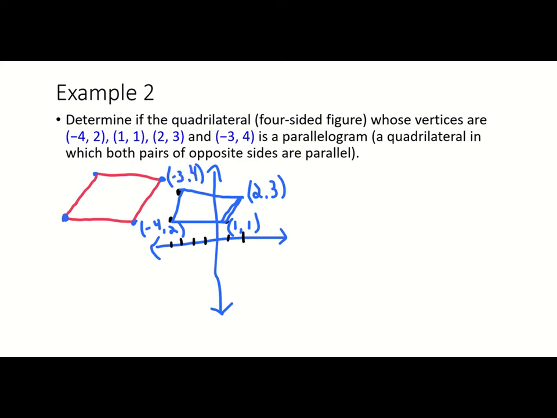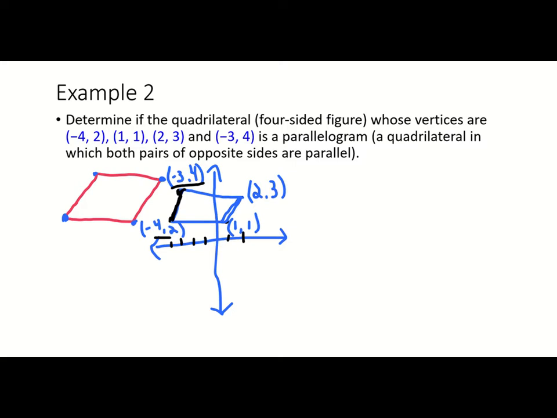So what we are going to do is calculate the slopes of our lines, and both opposite pairs need to be parallel. I'm going to start off first by calculating the slope of -3, 4 and -4, 2, because that's going to give me the slope of this line right here.